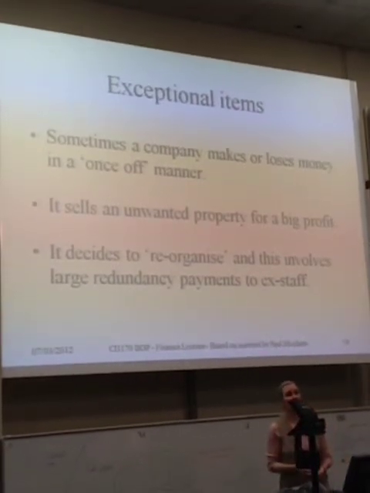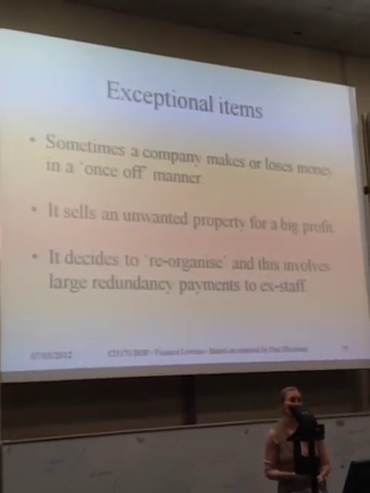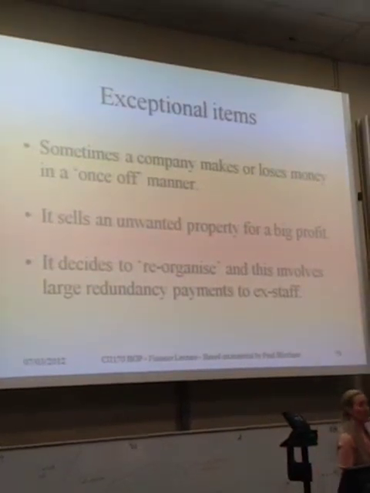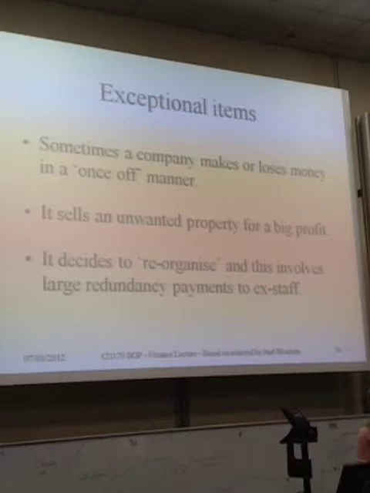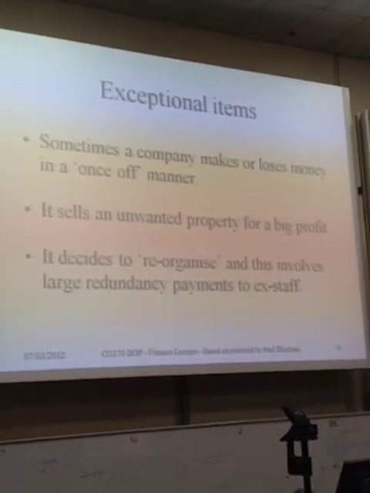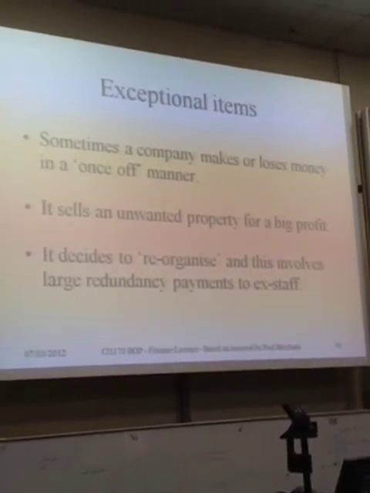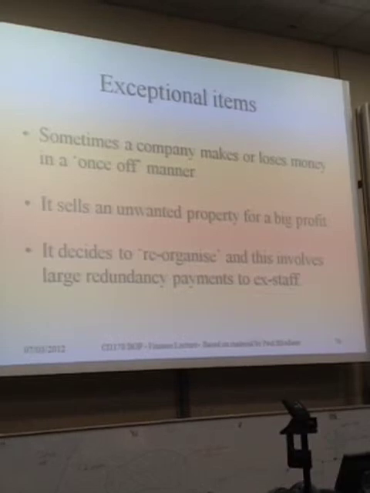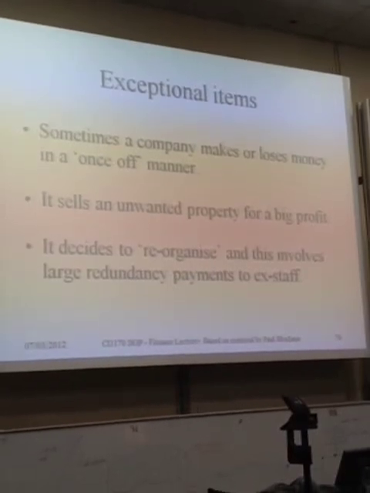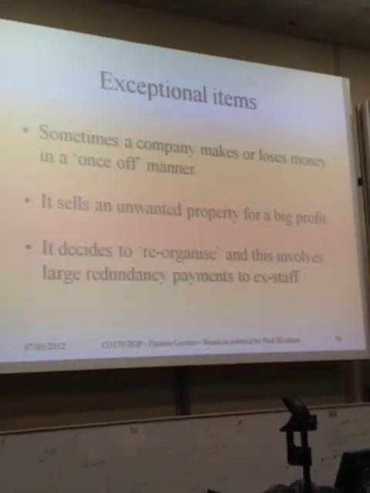They might invest in something that is unsuccessful. Or if it sells an unwanted property for a big profit, you're not in the business of buying and selling property, it's a fixed asset, but you've made a very large profit, it would be unfair to show it in normal expenses in the profit and loss account because it would skew your profit for that year.